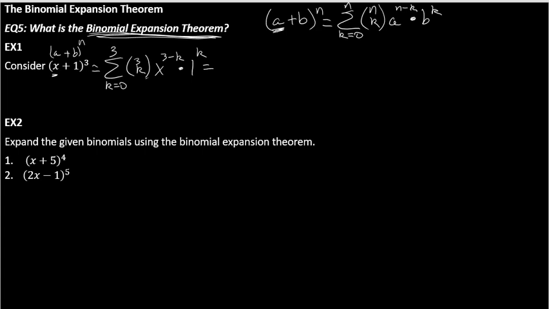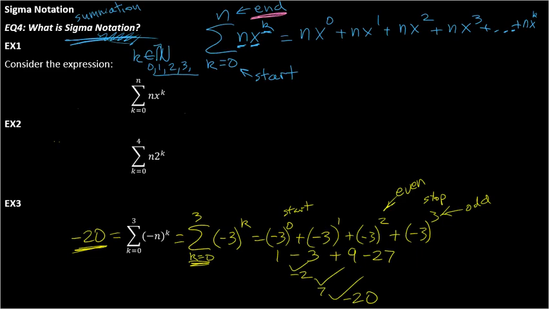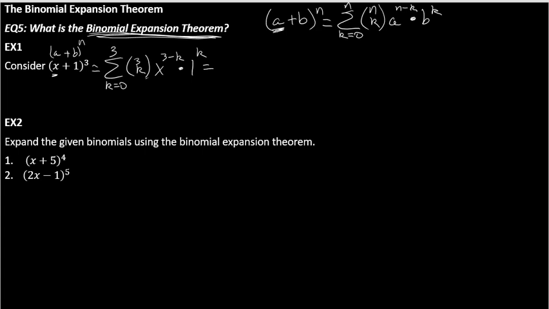And we're going to expand this out the same way as we were doing with this sigma notation in these earlier examples. So we're going to write out everything. So 3 choose 0, because that's our start. So 3 choose 0 times x to the 3 minus 0, and that times 1 to the 0, plus 3 choose 1 times x to the 3 minus 1, times 1 to the first power, plus 3 choose 2 now, times x to the 3 minus 2, times 1 to the second.